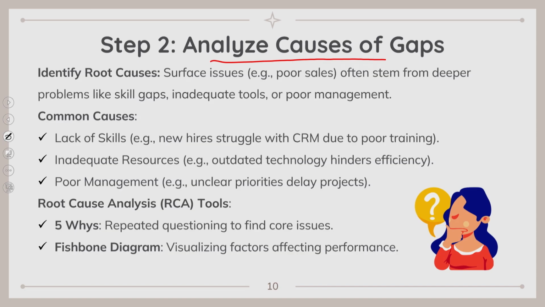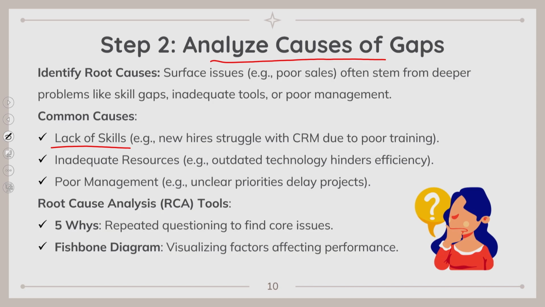So, some of the typical common categories of causes would be the lack of knowledge or skills. Employees may not possess the necessary KSAs, if you recollect, knowledge, skills and abilities to perform effectively. Let's say a new hire struggles to use a CRM system because they were not adequately trained during the onboarding process.